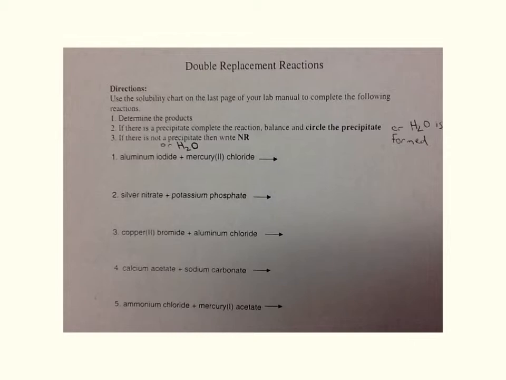All right, step 1. Write the equations and go ahead and do the double replacement. So we have aluminum iodide, which gives AlI3 using the crisscross rule, plus mercury 2 chloride, HgCl2. That's what I have as the reactants.